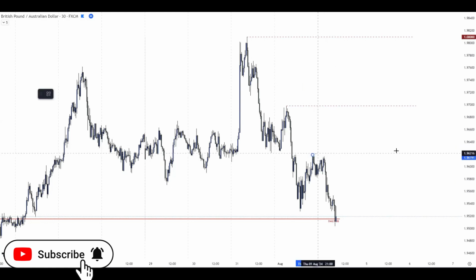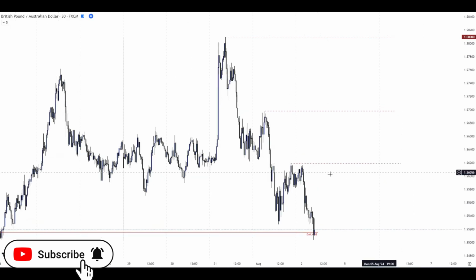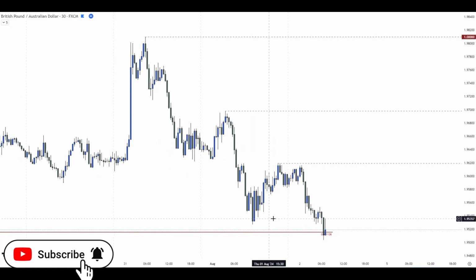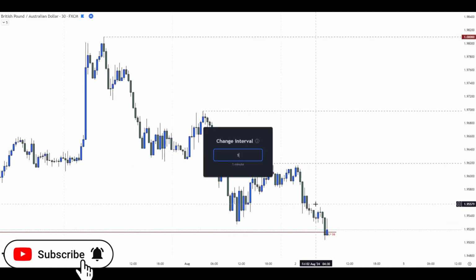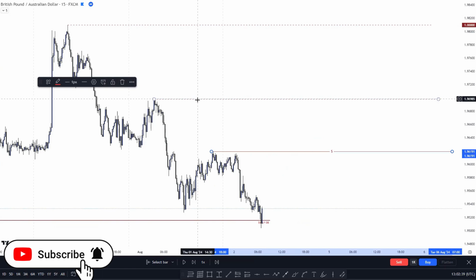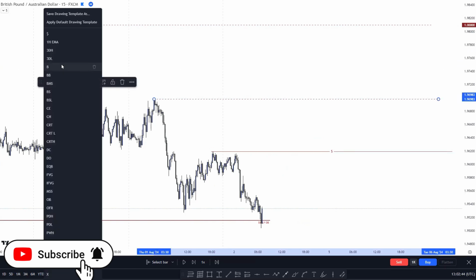When price tapped into my daily order block, I was expecting price to push all the way up, tapping all those levels. When price targets internal range liquidity, the next range we are heading towards is the external range liquidity.